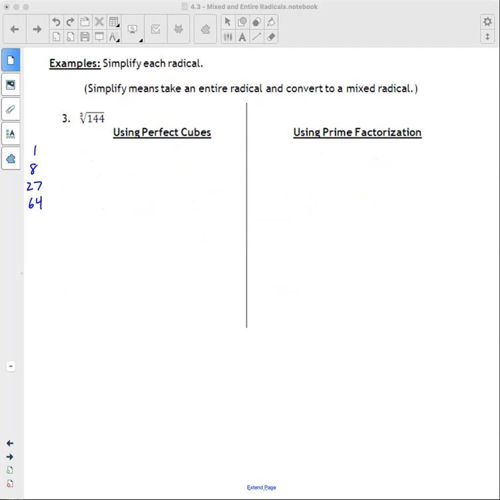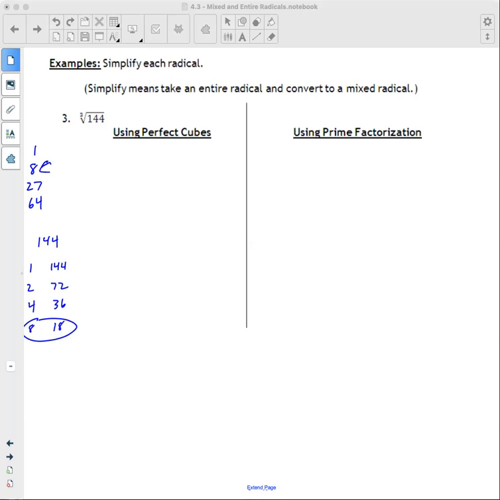And factors of 144, if you're not sure, you can do a factor tree. So 1 and 144, 2 and 72, 4 and 36, then 8 and 18. And that's awesome there because that is a perfect cube.